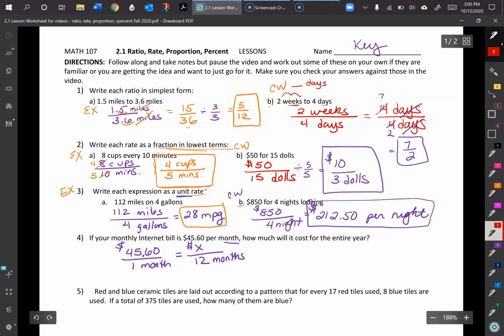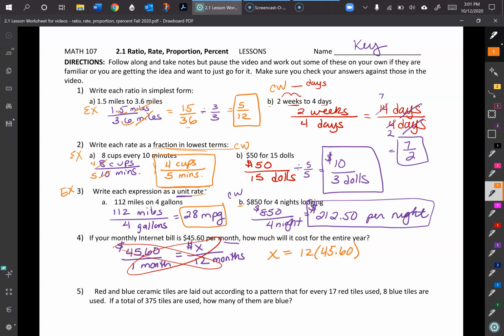And then what we would do is cross multiply. So it comes out to be X equals 12 times $45.60, which is what you could just know in your head to do, and that's fine also. I just want to show you the method of cross multiplying with a proportion.